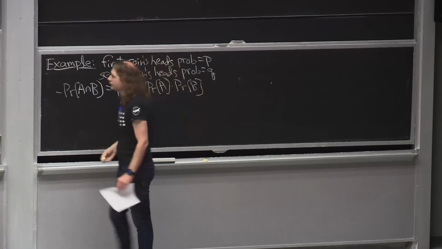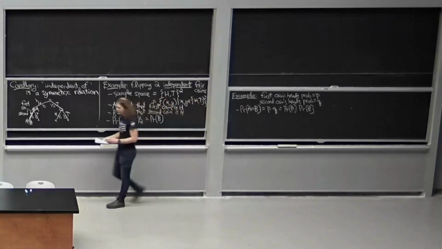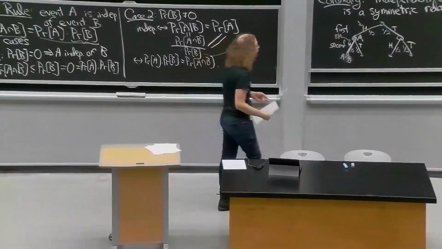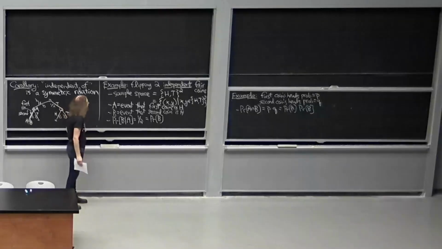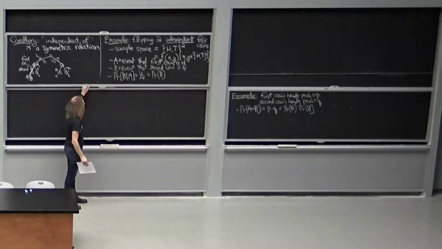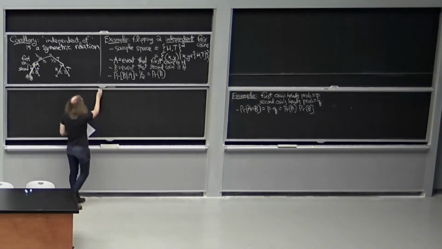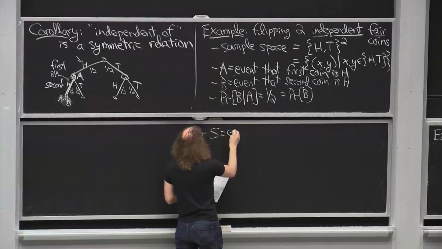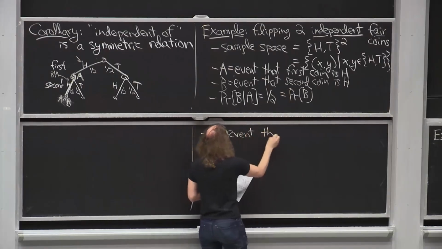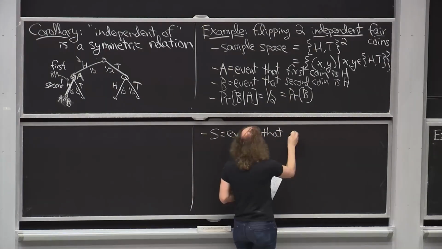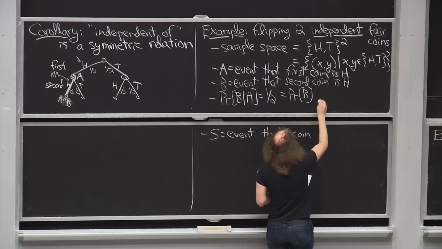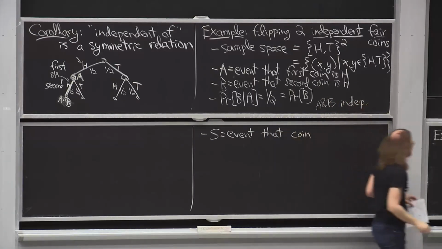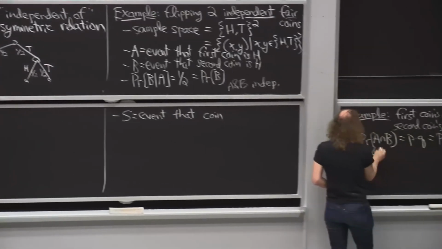OK. Not very exciting. Let's make this interesting and define some events that are not just a function of one coin, but in fact depend on the entire sample space. So I'm going to go back to this example and define S to be the event... I guess I should write A and B are independent here, and A and B are independent here.